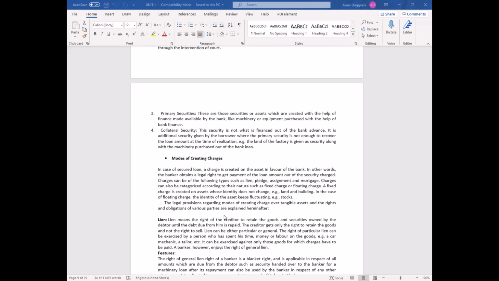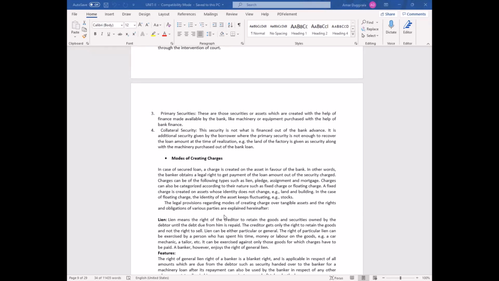So basically it's an agreement in which bank creates a charge on the asset, and that charge states basically that bank has a legal right to get the payment in case the customer defaults the loan amount. Some part of it, full, half, whatever that is. To recover that remaining portion or unpaid portion of the loan or advance, this security will be charged. And that's why this is called creating the charge on an asset, where bank obtains a legal right to use the asset to get the payment of the loan amount.